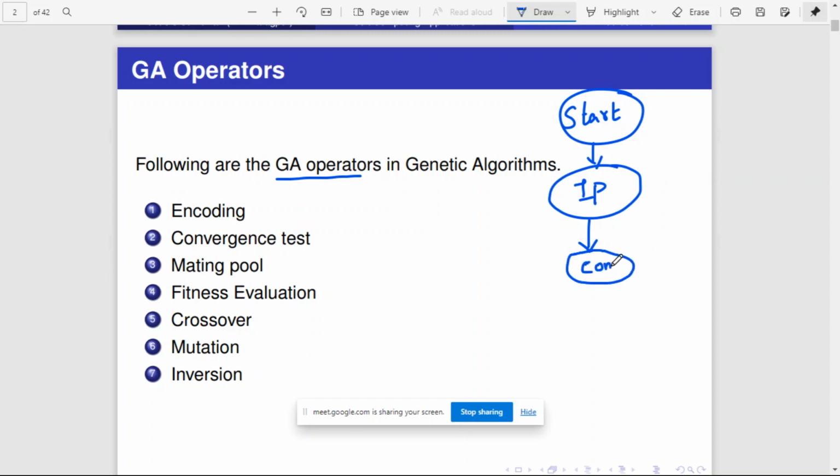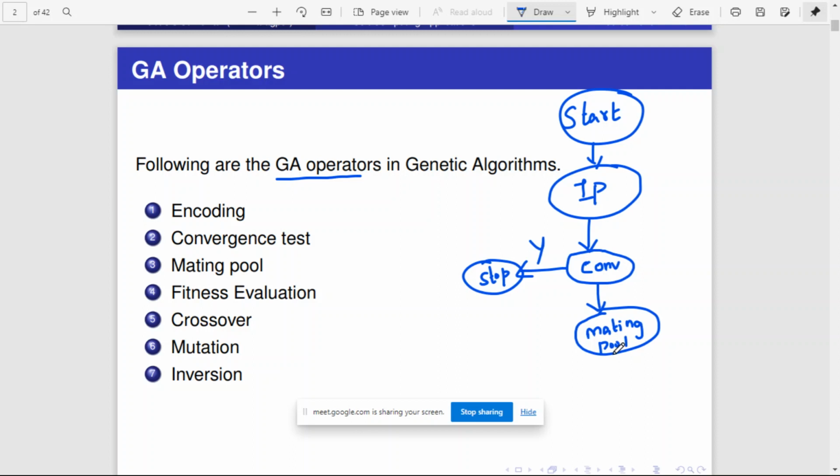If convergence is met, then stop the process. If convergence is not met, then you have to identify some mating pair. This mating pair can be either only 2 or it can be NP or whatever it may be. That varies with algorithm.